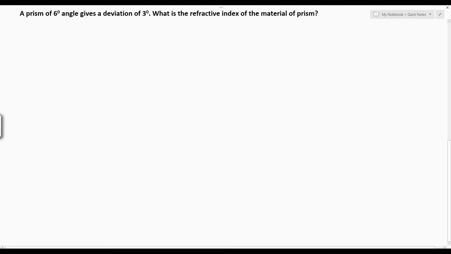See, in this question, angle of prism is given, that is A is equal to 6 degree. Also angle of deviation is given, that is D is equal to 3 degree. As this angle of prism is a small angle and angle of deviation also is a small angle, so we will apply this formula, D is equal to mu minus 1 into A, to find the value of refractive index mu.